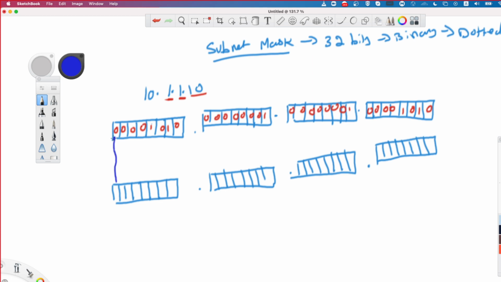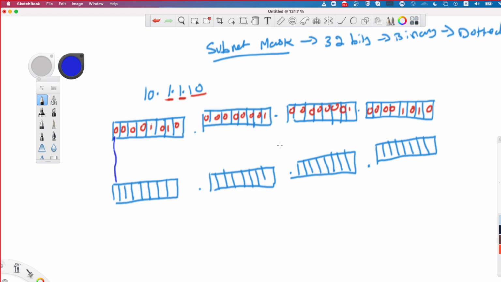If you're working on the first bit of the subnet mask, you have to look into something. What is that something? I'll tell you. If you're working with the first bit of the subnet mask, you have to look into something on the first bit of the IP address. When you're working with the second bit of the subnet mask, you have to look into something on the IP address, right? The values of the subnet mask are purely related to the corresponding bit of the IP address, right?